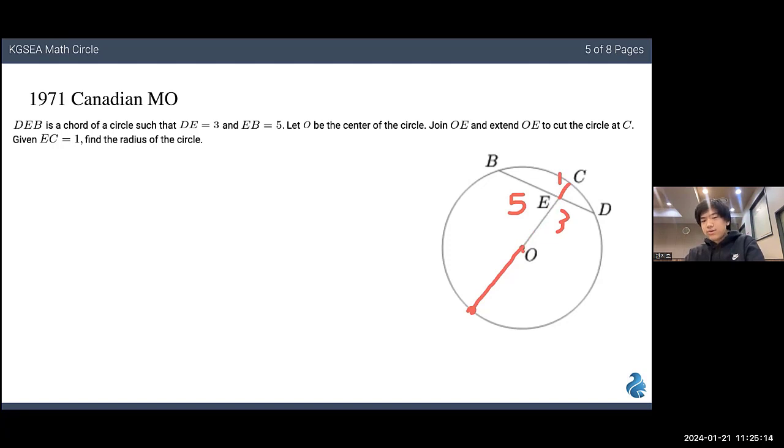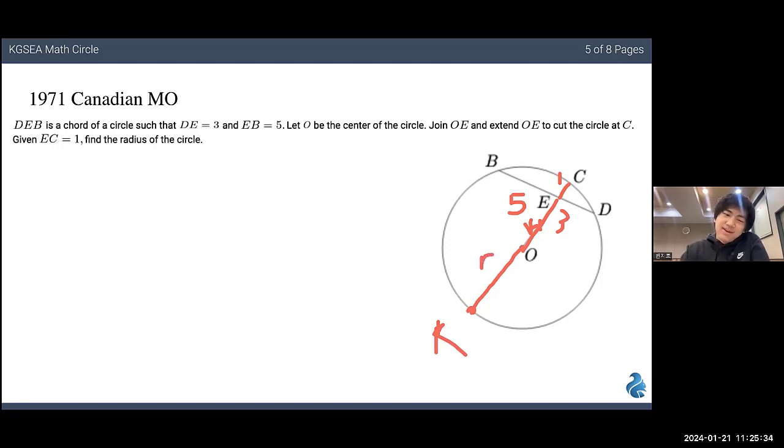And then how are we going to express EO? Well, it's simple. It's R minus 1. And O and the extension of EC, let's call this K, is going to be R.